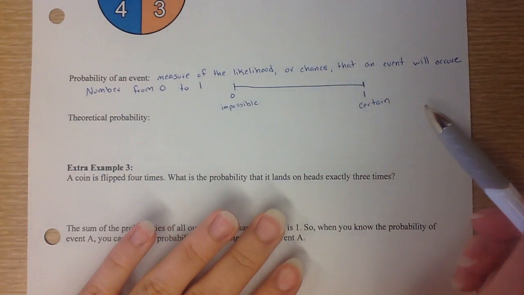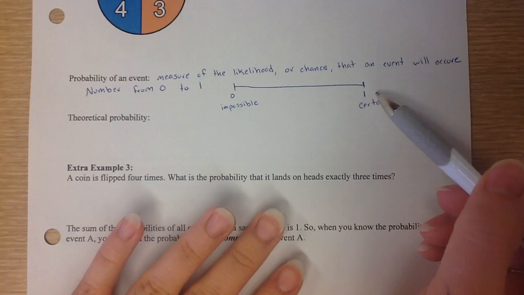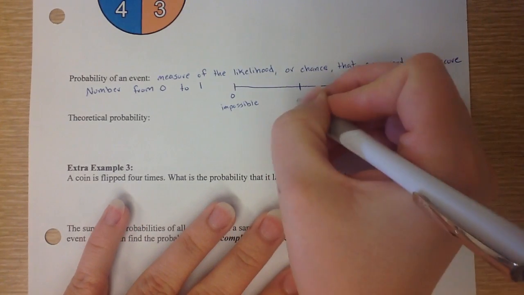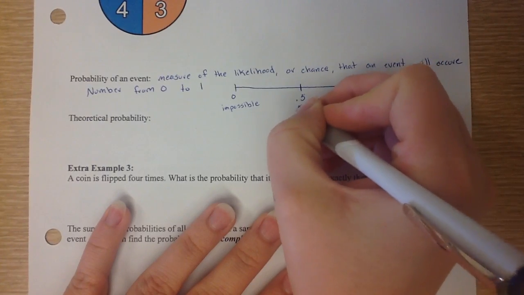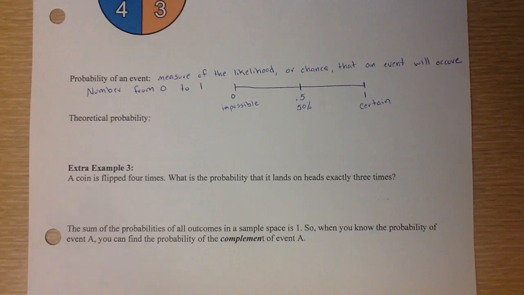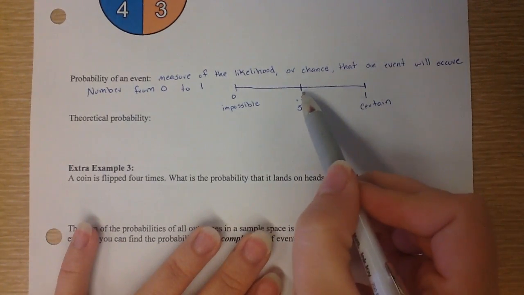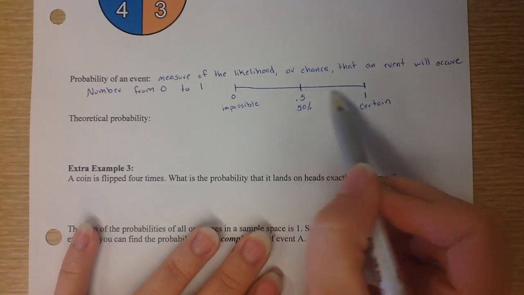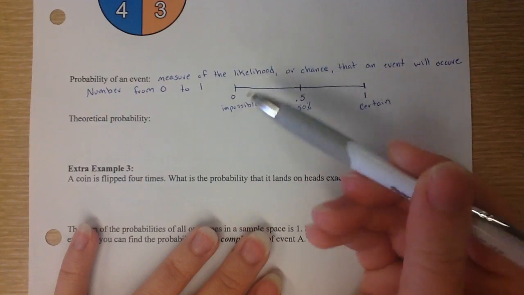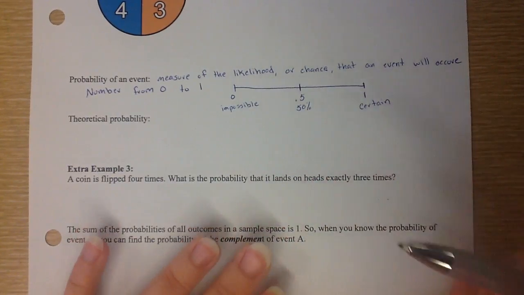Our probability we write as either a number from 0 to 1, or as a percent. So here 0.5, we could also write as 50%. That's equally likely to happen or not. It could go one way or the other. Basically anything above a half we say is more likely than not, and anything less than 50% is less likely.